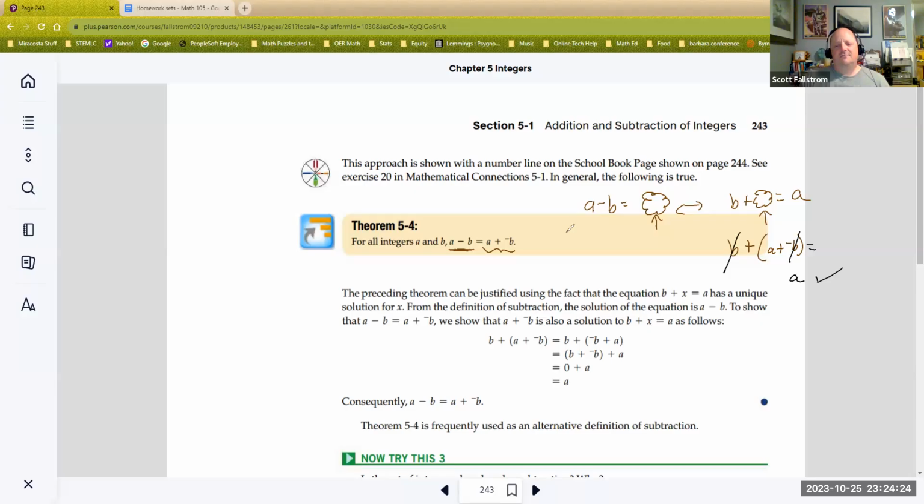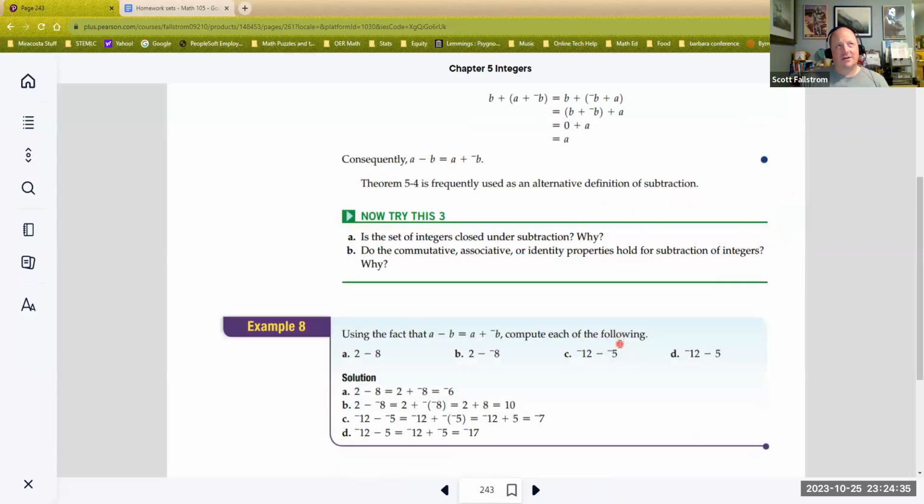So since it goes back and equals a, that means a minus b is equal to a plus the opposite of b. Really interesting way of thinking about subtraction. Basically, every time you see subtraction, you could rewrite it as addition. Sometimes you probably did this, but other times you probably did not. So in prior courses, a teacher might have said, hey, just rewrite 2 minus -8.